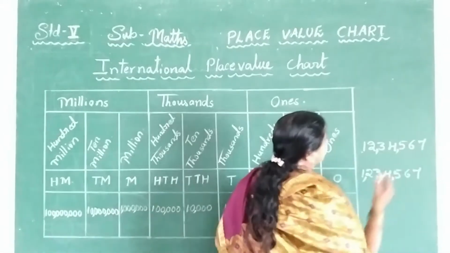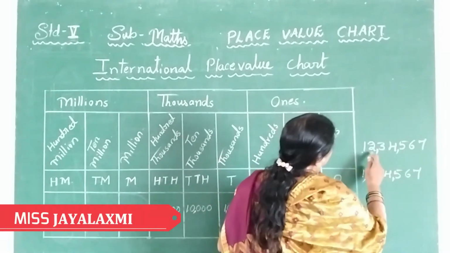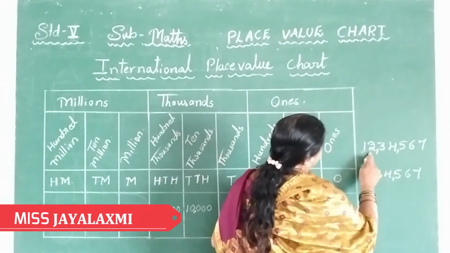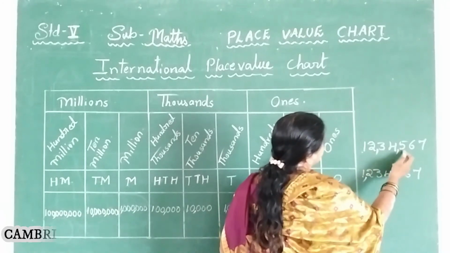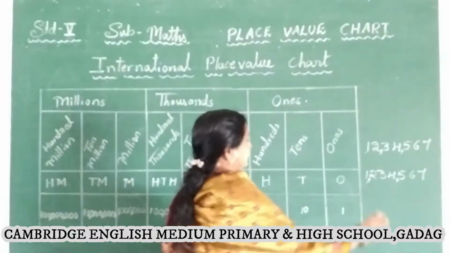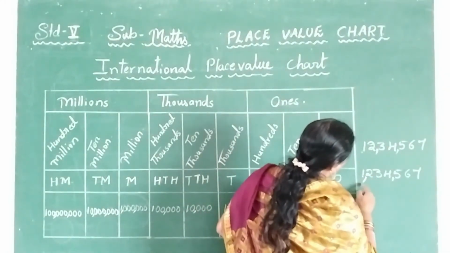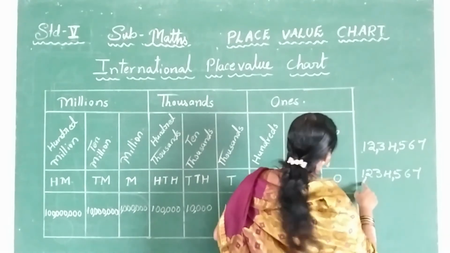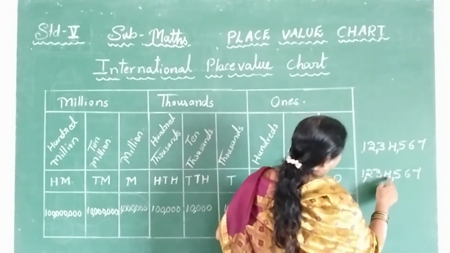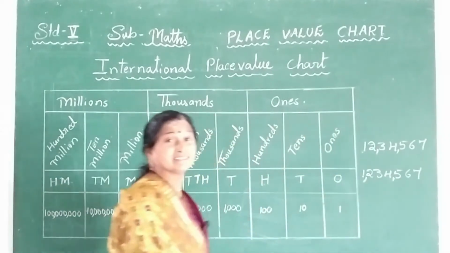How to read the Indian system of this number? See, 12,34,567. But this is 1,234,567.